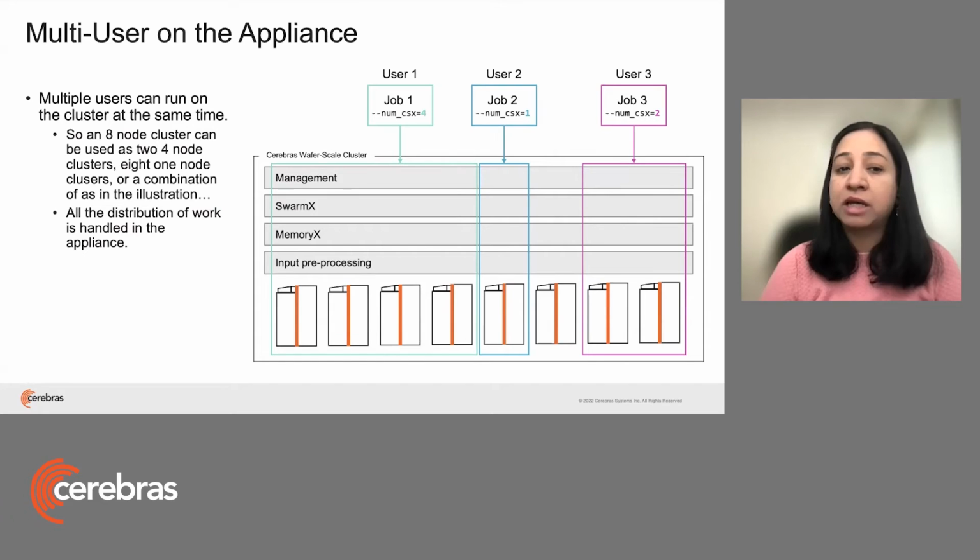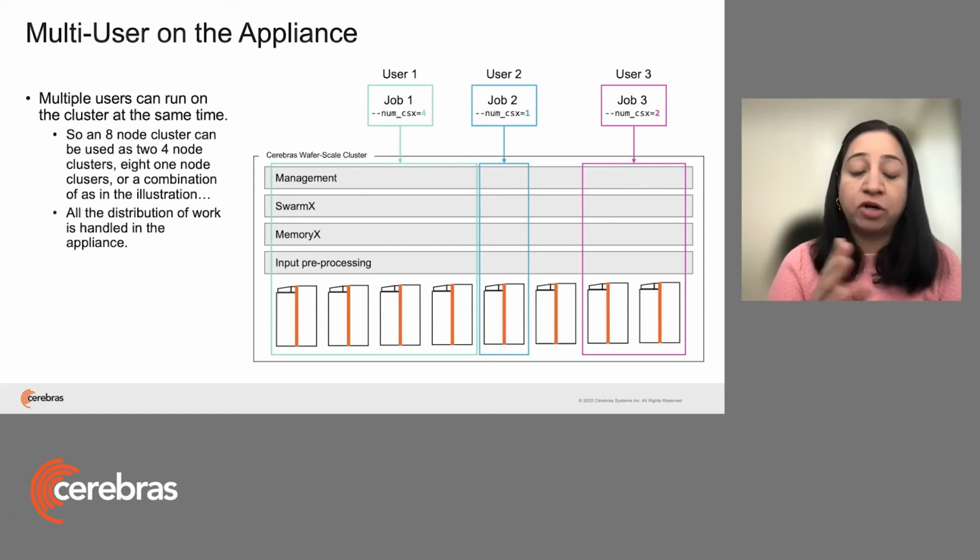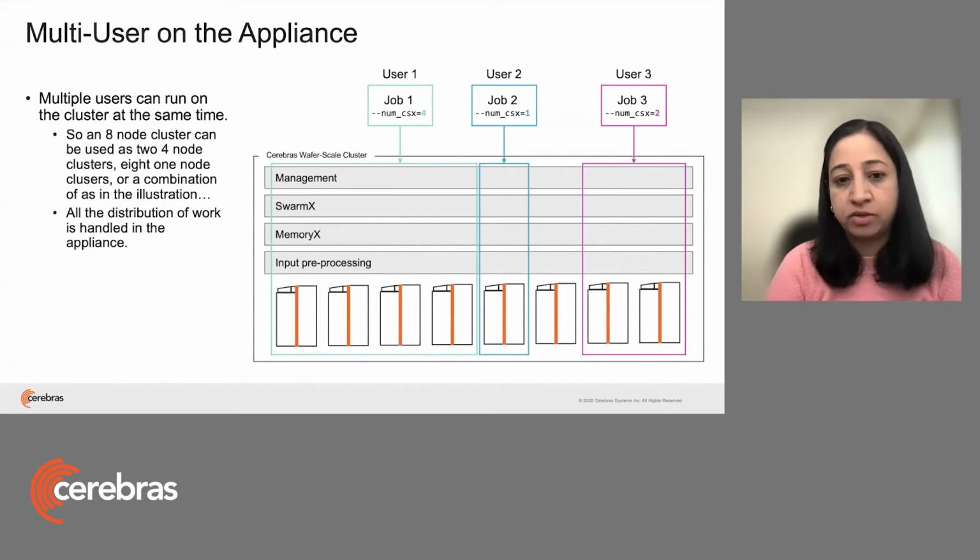So multiple users can run on the cluster at the same time. The example here is more like an 8-node cluster. You can view this 8-node cluster as either 2 4-node clusters or 8 1-node clusters, literally running a different workload on each of the CS2s. Or it can be any combination, like a 2-node cluster and a 1-node cluster that user 2 and user 3 are using here.